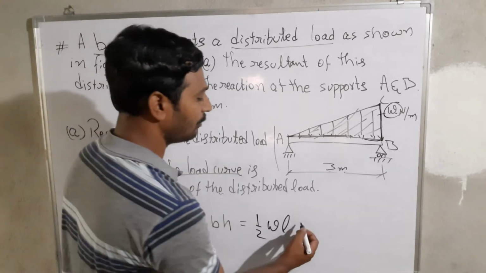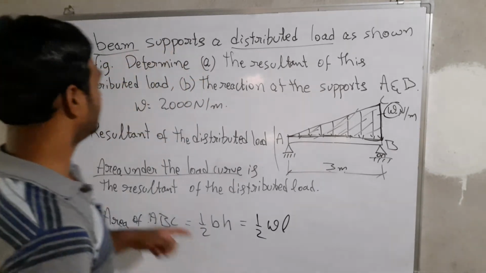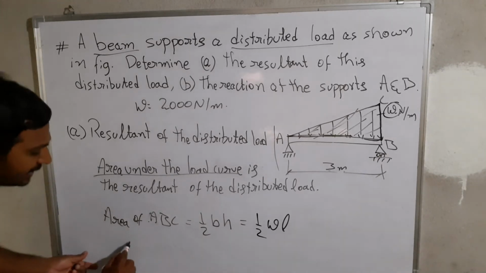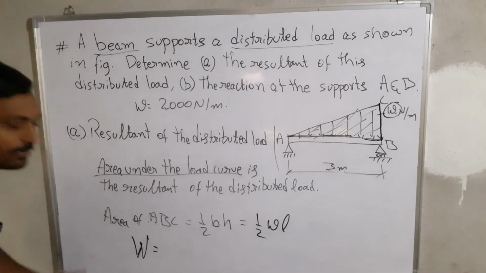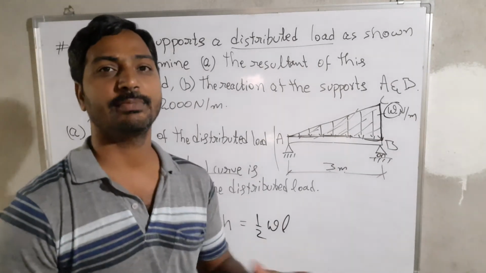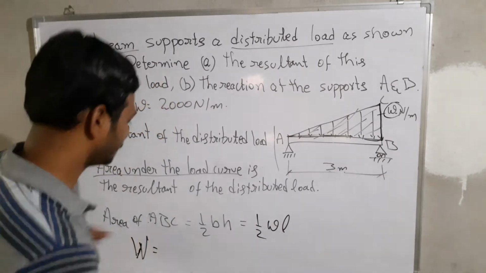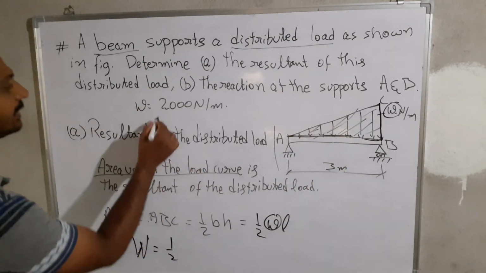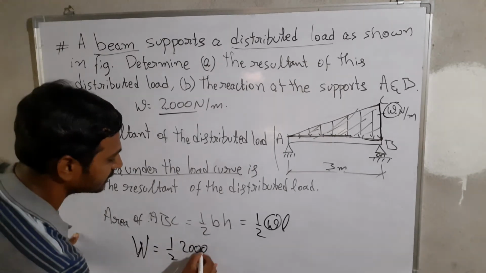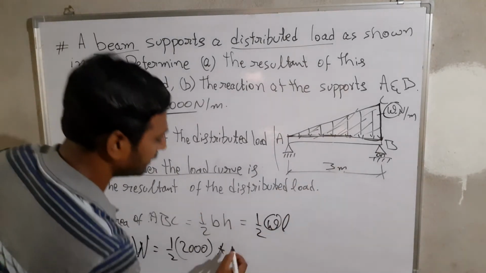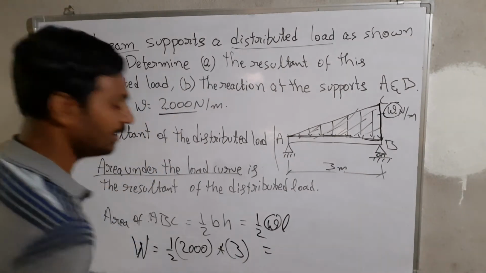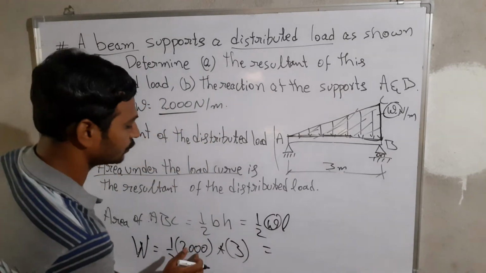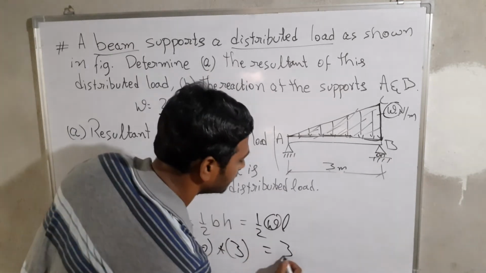Now, when I substitute in this equation, I get the resultant of the distributed load, which I represent with capital W. As we said, that is the point load, in newtons. So it is half, with the load 2000 newtons per meter, into the length L of 3 meters. When I simplify this, it becomes 1000 times 3, that is 3000 newtons.